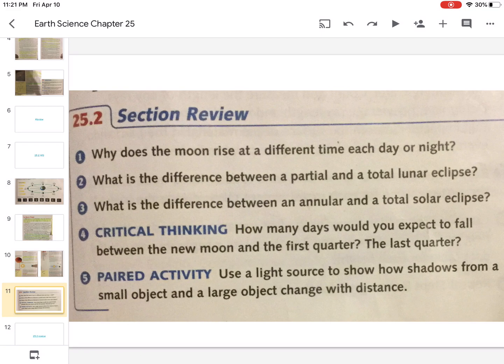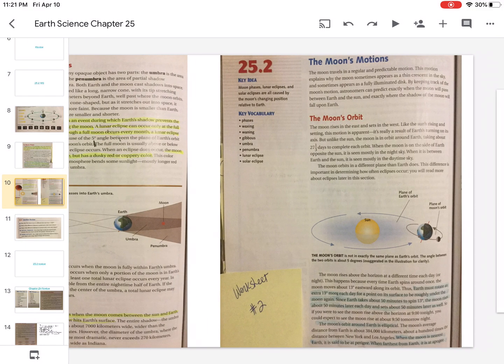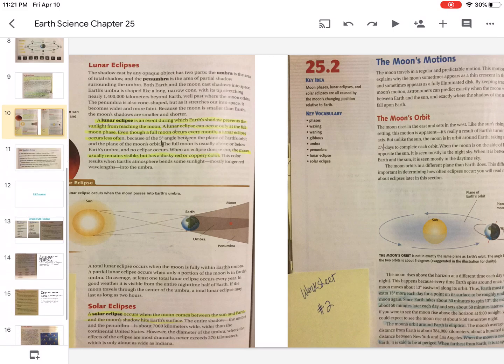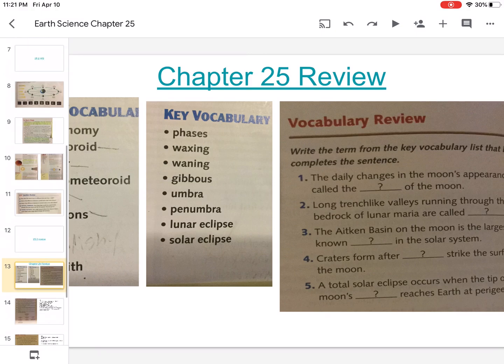What is the difference between a partial and total lunar eclipse? We just did that one. What is the difference between an annular and total solar eclipse? If you look at page 565, that's not it. Hold on one second. Too far.